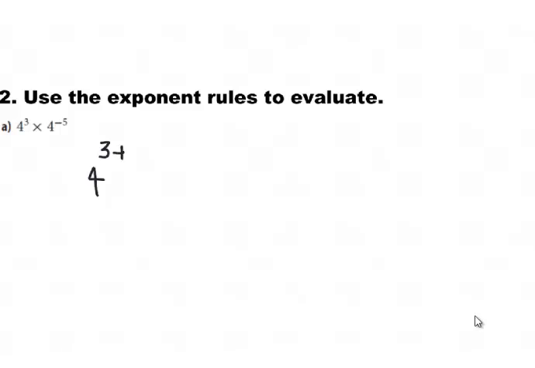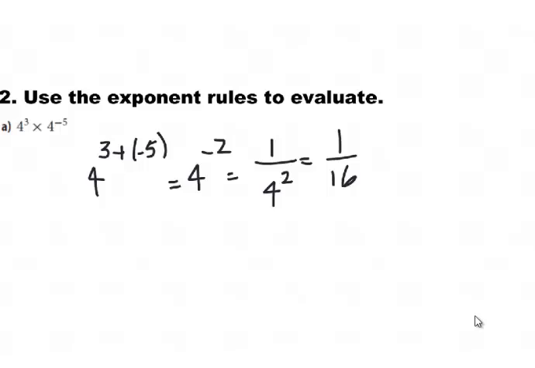So it's 3 plus negative 5, which is going to give me negative 2. Now 4 exponent negative 2 is the same as 1 over 4 exponent 2. But 4 exponent 2 is 16. So it's 1 over 16.